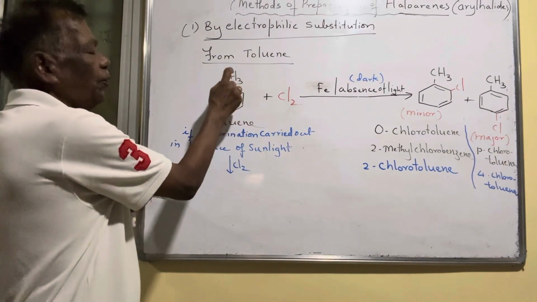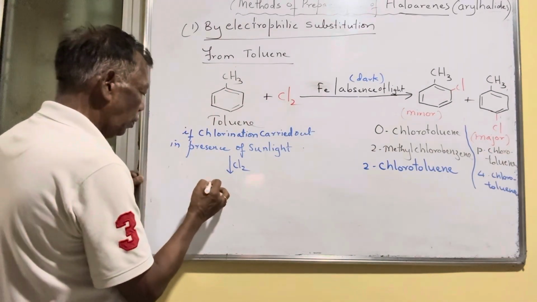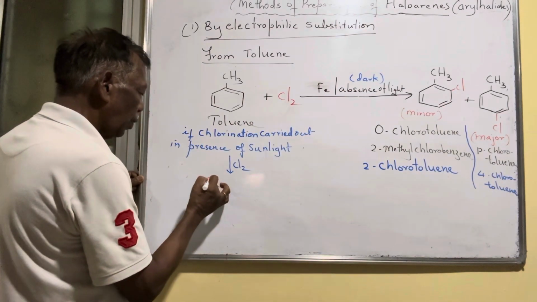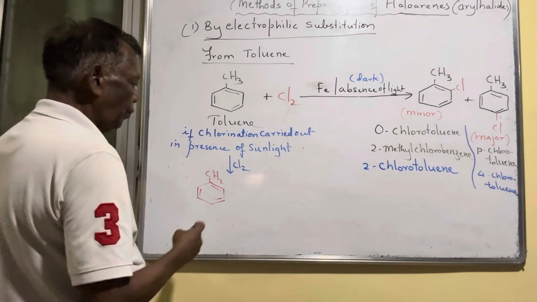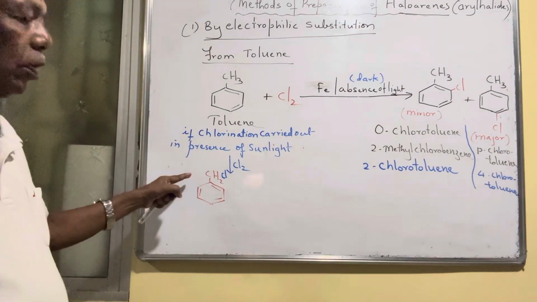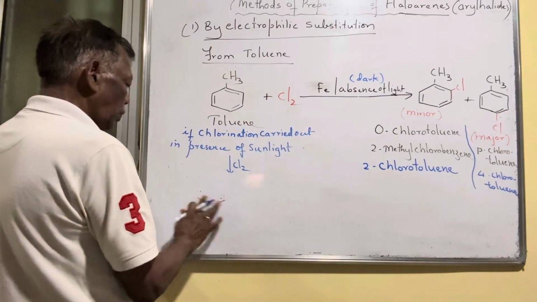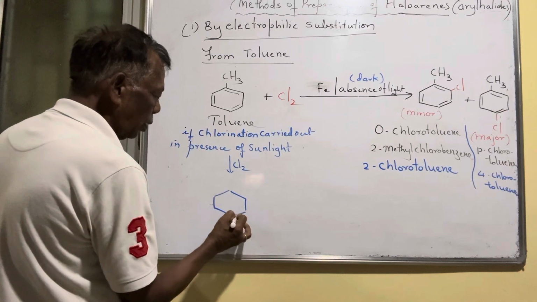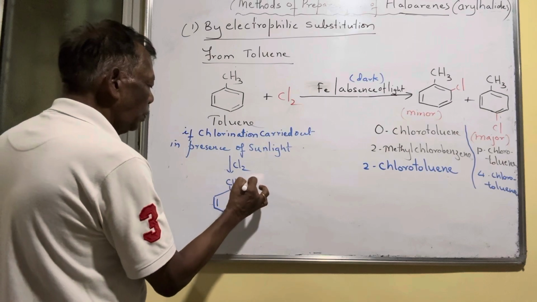The hydrogen from the methyl group will be removed by chlorine, and you will get the compound which is a benzene ring with CH2Cl.